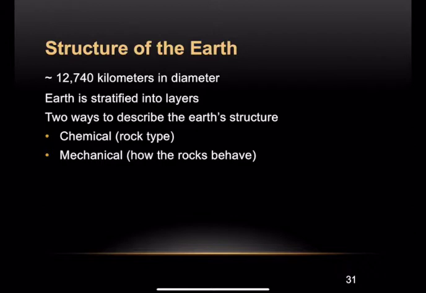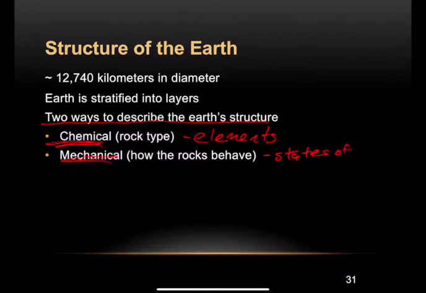All right, so we're going back to this same slide again. Earth has two different types of layers. We've got chemical layers. I'm going to say this multiple times. I want you to think about elements. And mechanical layers. Here I want you to think about states of matter. So we've been talking about both these ideas up above, and we're going to apply them now to the Earth.